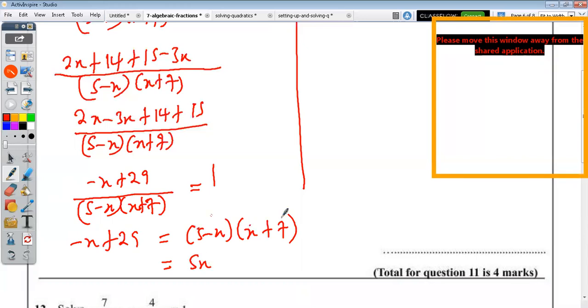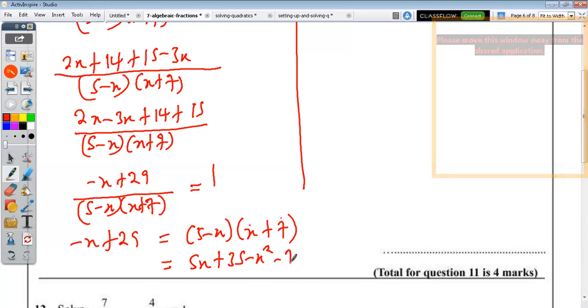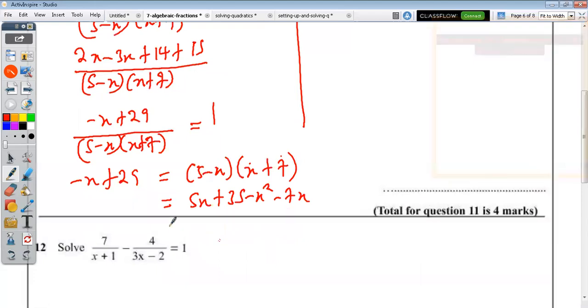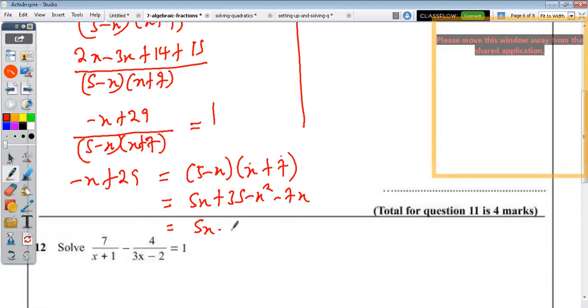Then if I multiply by 5 there, I get plus 35. Then the x multiplies everything there, that's a minus x squared. X multiplies that, that's a minus 7x. Okay. Now I can group like terms. So that's 5x minus 7x, that's minus 2x. Minus x squared plus 35 is equal to minus x plus 29.